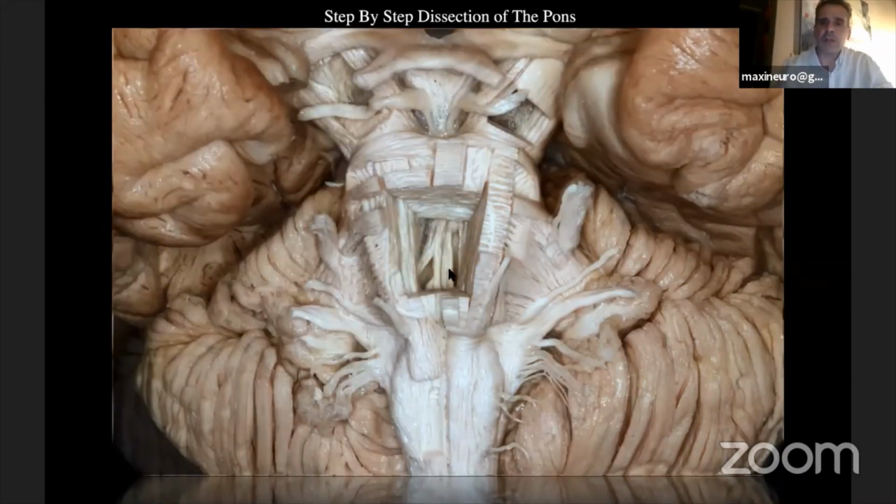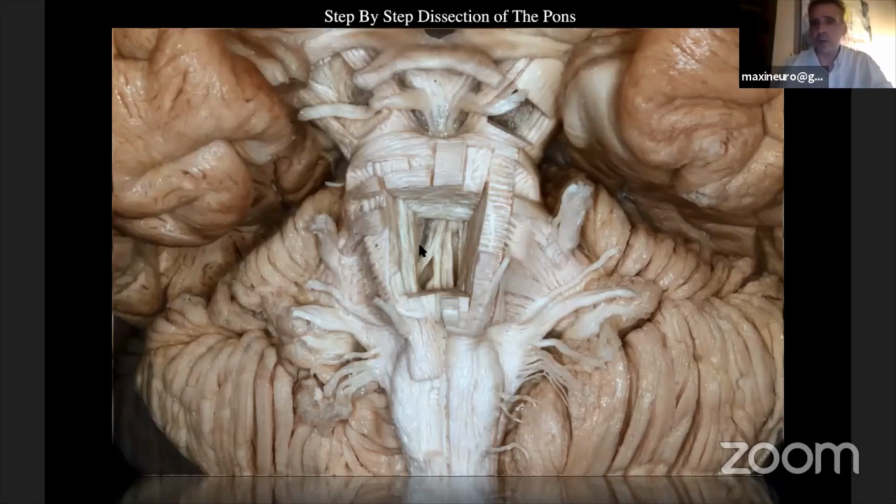Again, medial longitudinal fasciculus, next to it the tectospinal tract, and close to the tectospinal tract, a little bit more anteriorly, in ventral position, this is the central tegmental tract. Next to the central tegmental tract, in oblique position, the mesencephalic nucleus of the fifth nerve. And of course, here, the locus ceruleus.